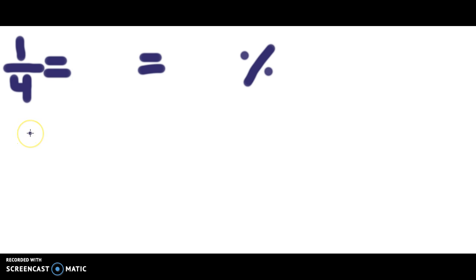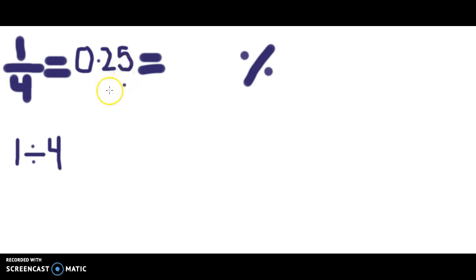Now, like I said, to turn it into a decimal, you do 1 divided by 4. This may be a little tricky, but I know that this is 0.25. I know that this is 0.25 just for a fact.